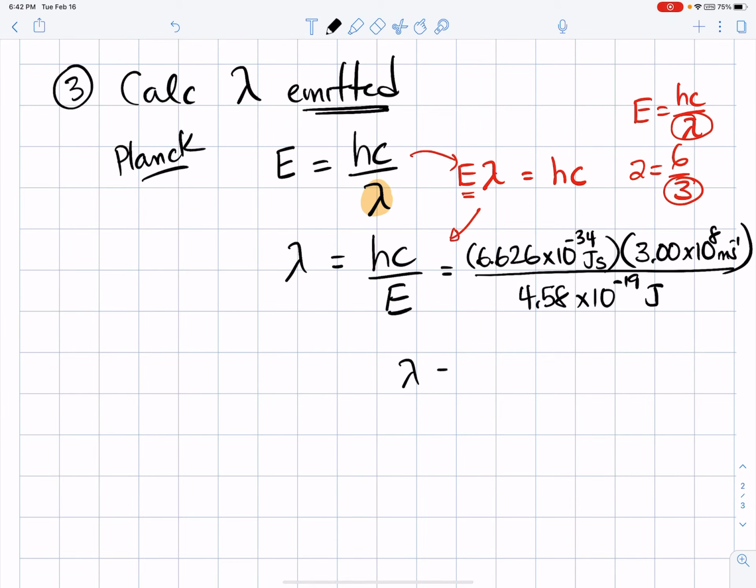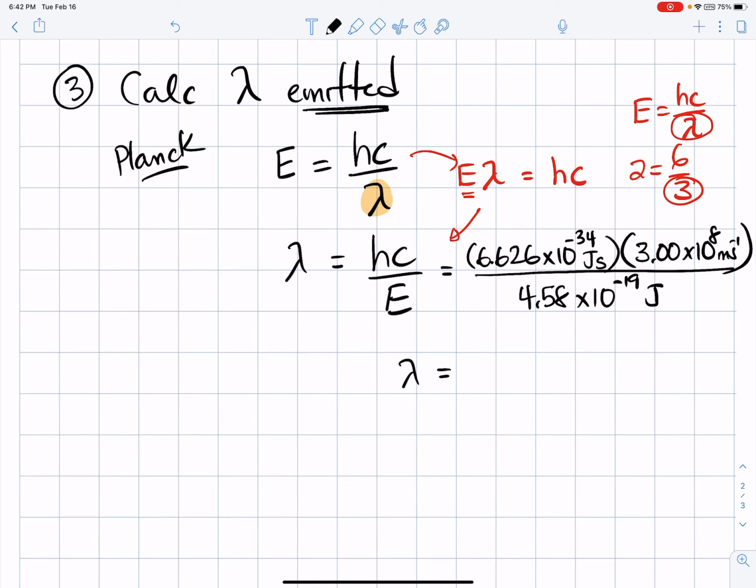Grab your calculator, use the scientific notation button, and see if you can calculate the wavelength. So 6.626 times 10 to the negative 34 multiplied by 3 times 10 to the 8 and divided by 4.58 times 10 to the negative 19.